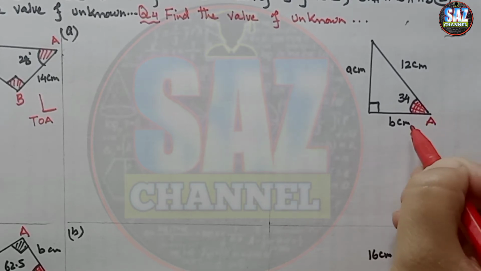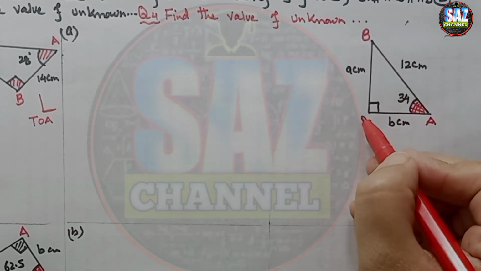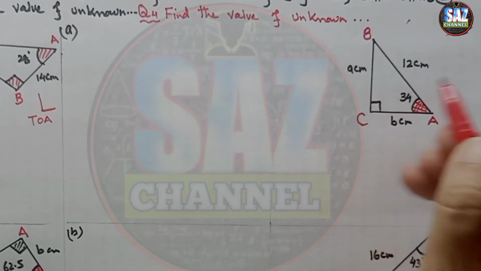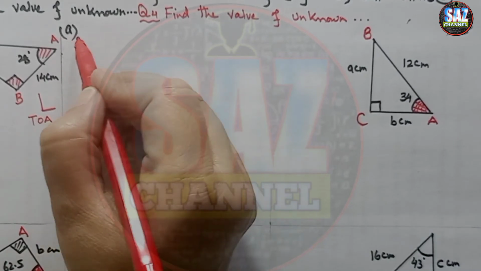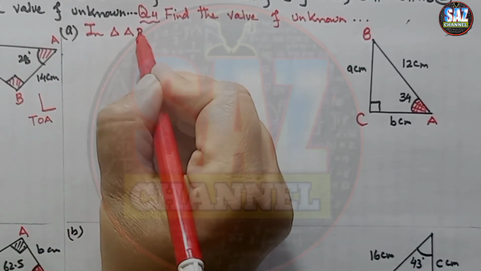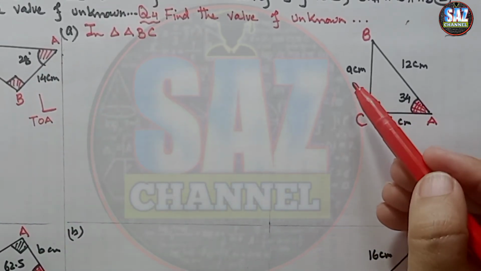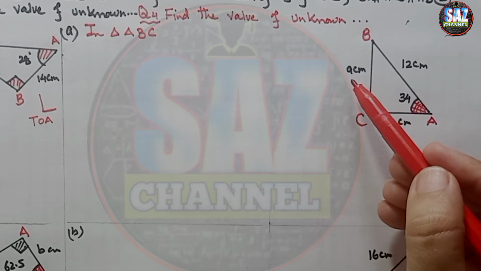This is A, and this side will be B, and the third side can be labeled with any letter. In triangle ABC. Suppose we are going for the solution of A first.